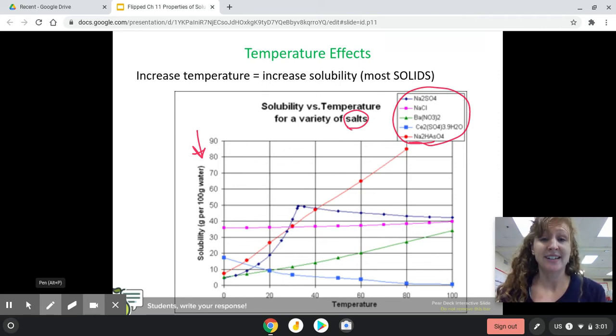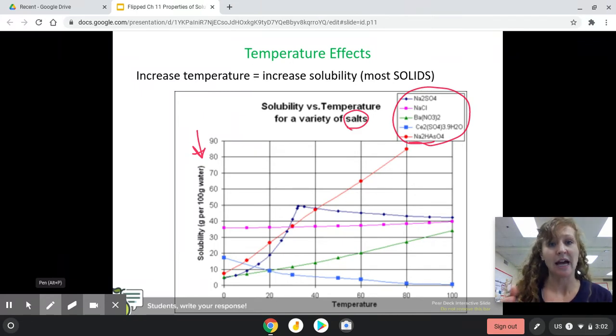Sodium chloride, it does increase as temperature increases, but not a whole lot, just slightly. The dark blue one, sodium sulfate, increases drastically to a certain point. And then after that point, it actually starts decreasing. And then for the light blue one at the bottom, the cesium compound, it actually decreases.